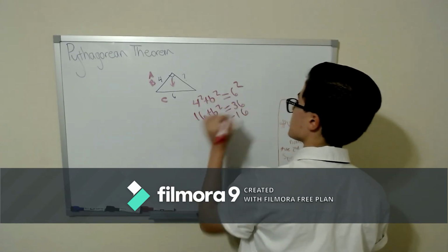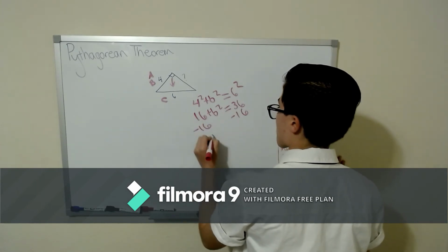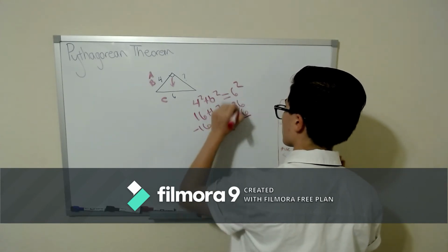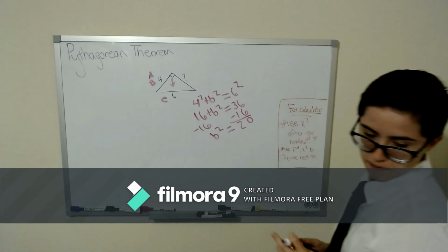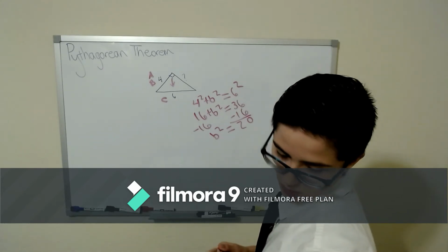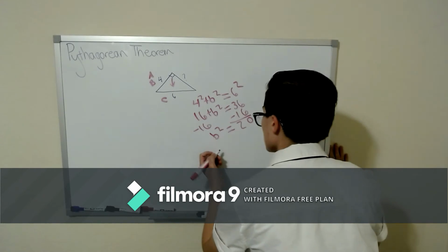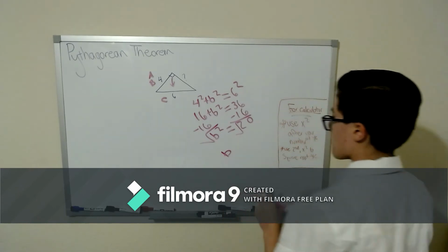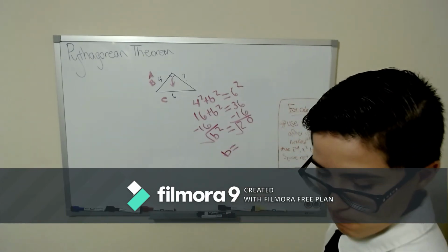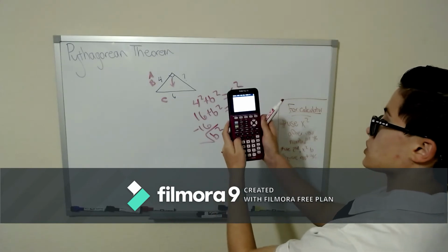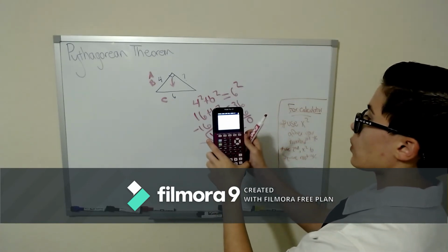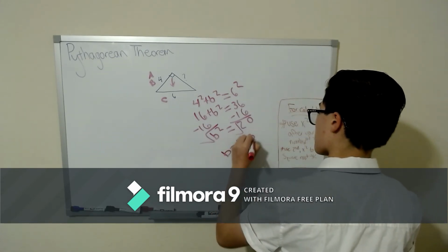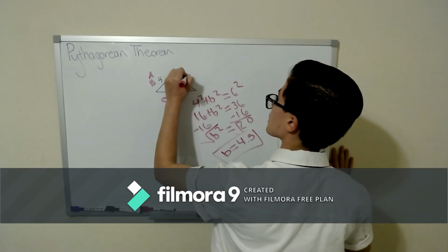You subtract 16 from both sides. B squared equals 20. You would, again, square root both sides, and B equals second square root 20, 4.5. And that is your answer.